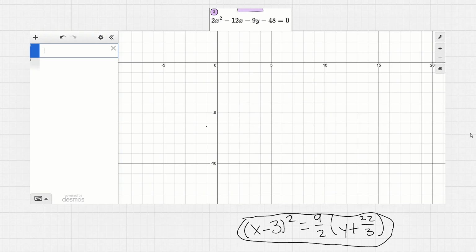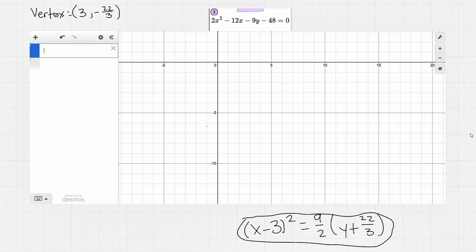Now in the standard equation, we can see our vertex. Our vertex is h and k. So if we're going to put the vertex value of h, we are going to change the sign. So with negative 3, it will be positive 3, comma, 22 over 3.